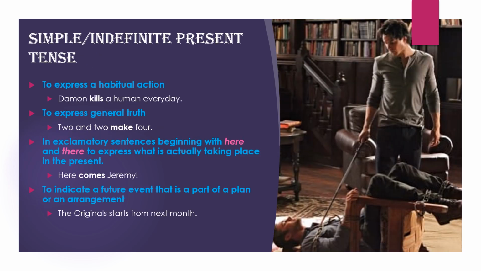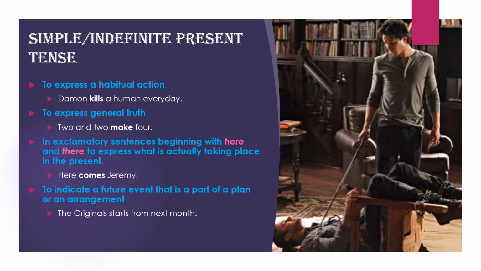Let us now discuss in detail what these 12 tenses are all about. Let us first take the first tense, simple or indefinite present tense. Now, simple or indefinite present tense can be used to express a habitual action. Habitual action means that a certain action happens or keeps happening at a regular interval.